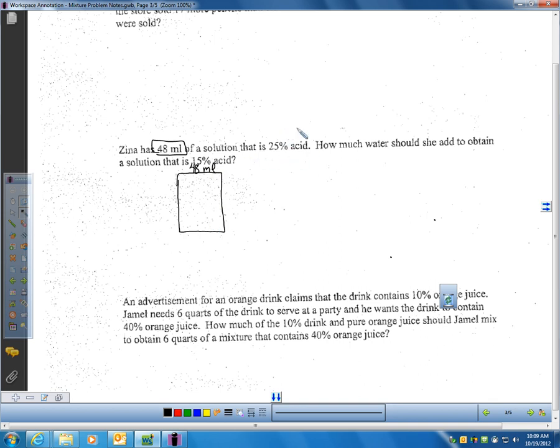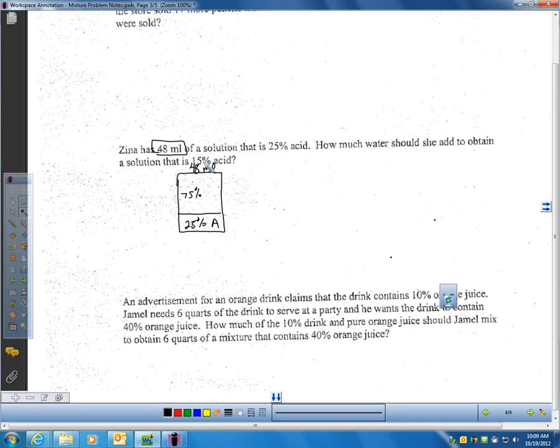25% of this is acid. So 25% of this, I'll just put A for acid. Which means 75% of this is something else.